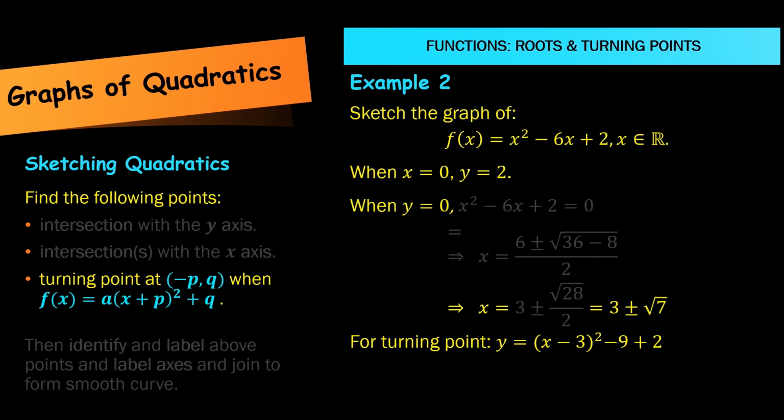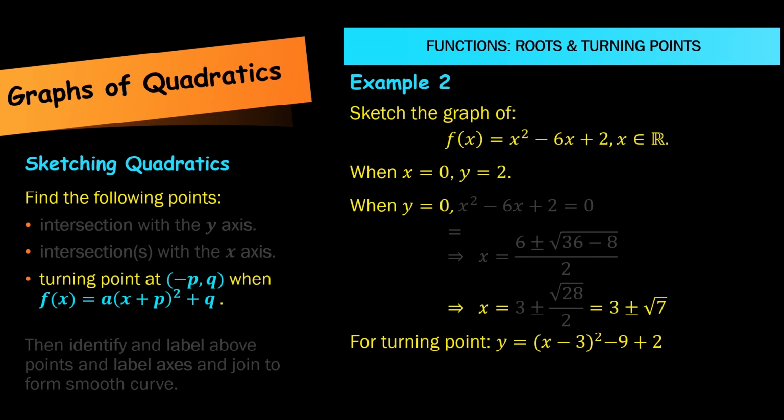Now let's have a look at the turning point. The turning point is minus p, q when f of x is given in the format a times x plus p all squared plus q. We can put it in this format by completing the square. Do remind yourself how to complete the square from one of the previous sessions.